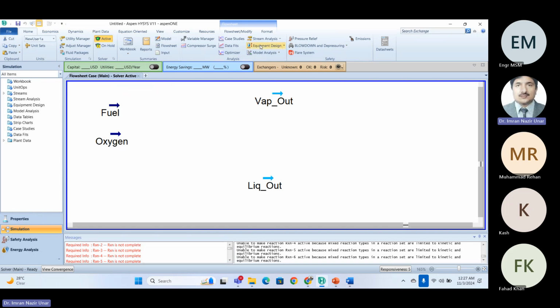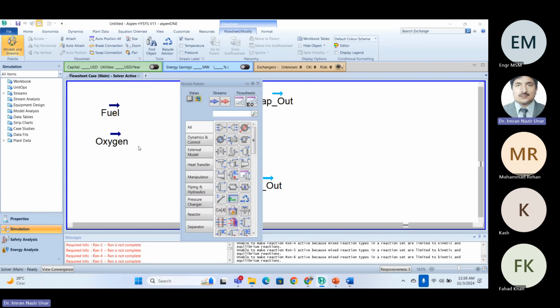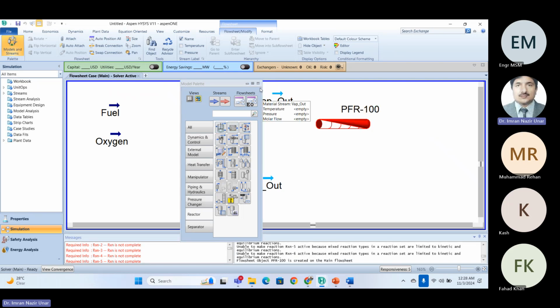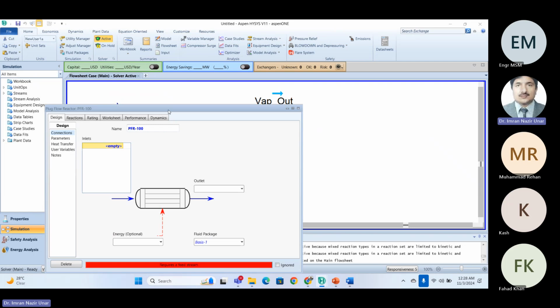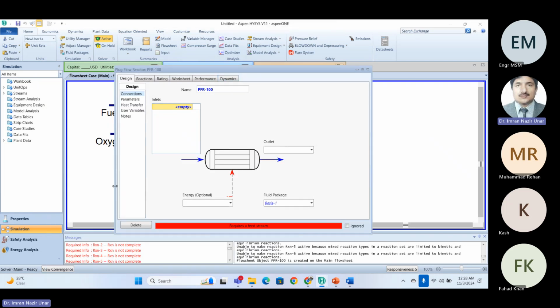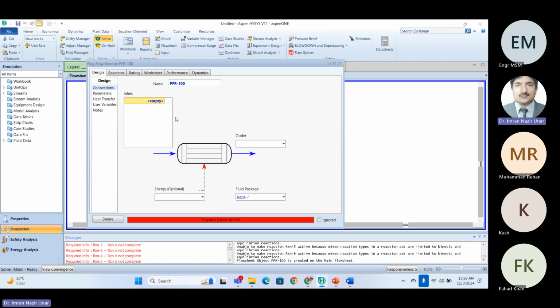The one last work which I have to show you is that when you place a plug flow reactor and when you see their menu or property window, you will find its view is a little bit different as compared to the previous 4 or 5 reactors.